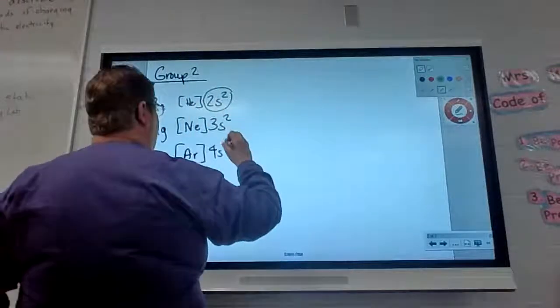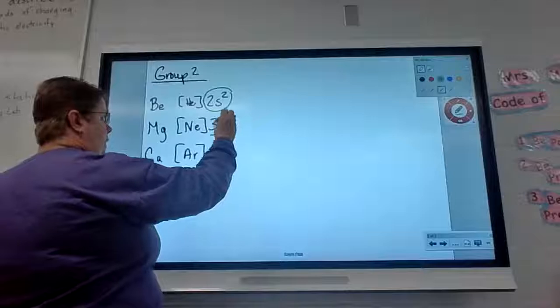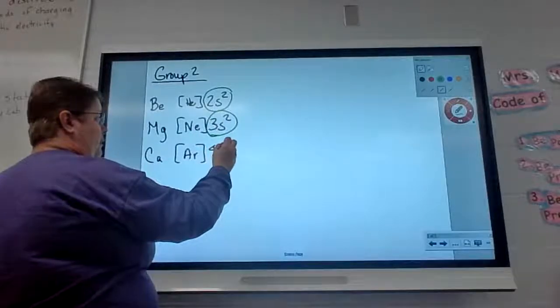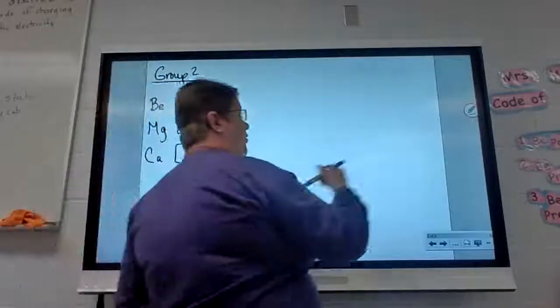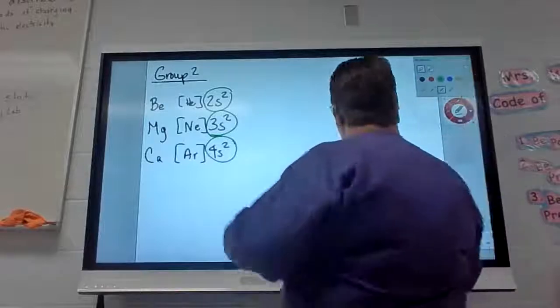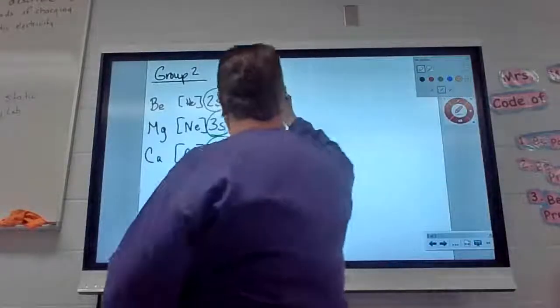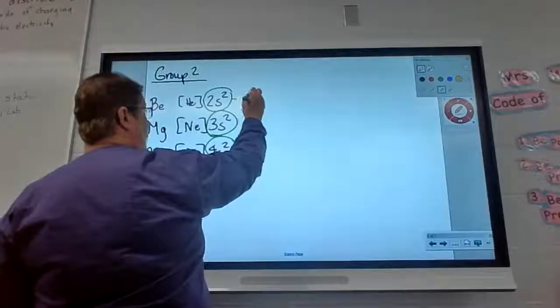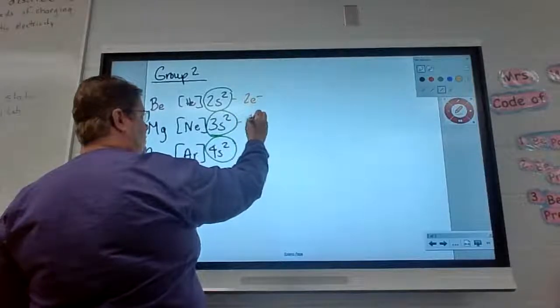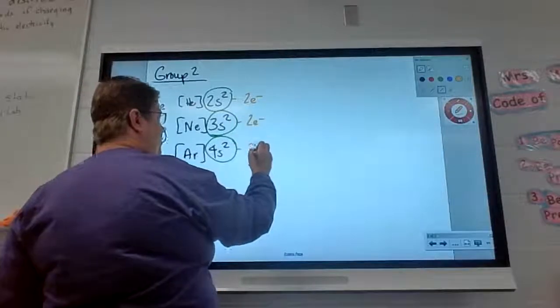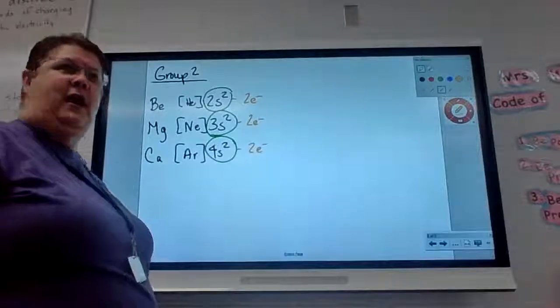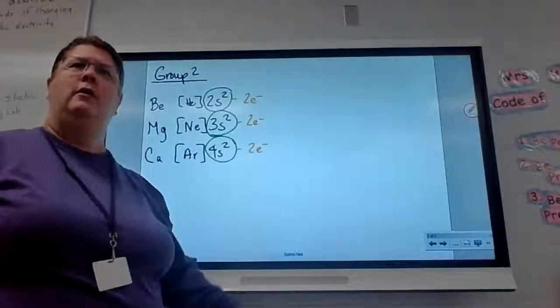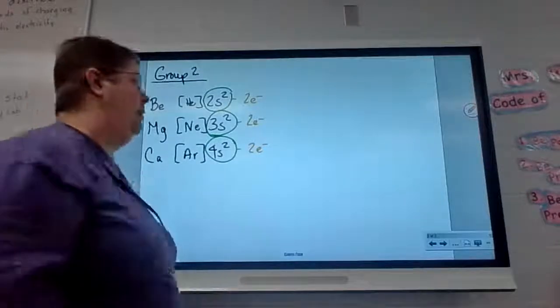And if we look at magnesium, it's what? And calcium, it's a what? So if we look at those, the highest energy level here shows that we have 2 electrons, 2 electrons, 2 electrons. So you see what you were trying to say there, Elena? They all have what?